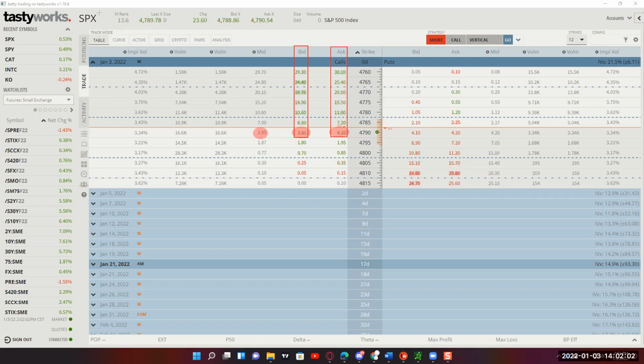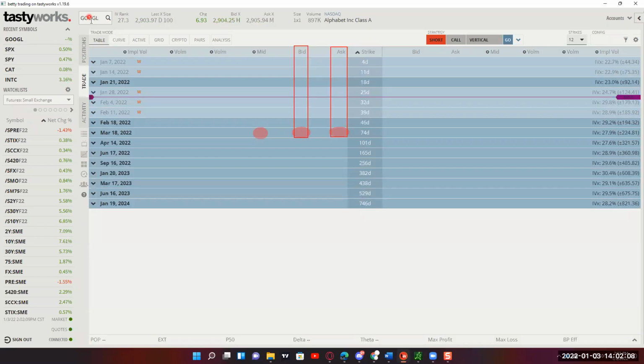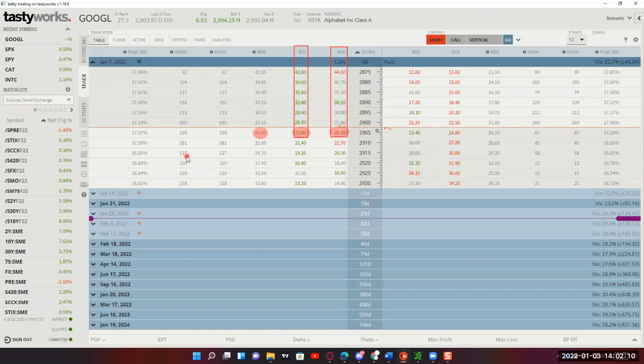This is only $5. But if we go into a market, say like Google, 23.90, 25.30, you're getting filled at 24.65 if you get the mid. We'll just round down and say 24.60.